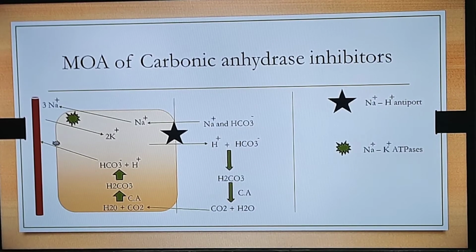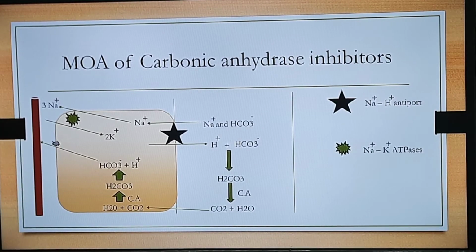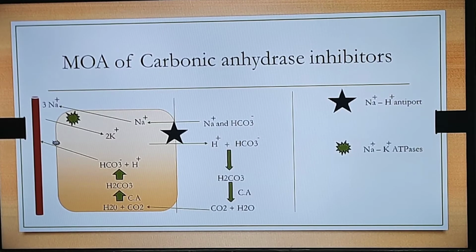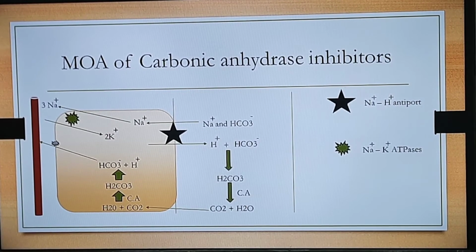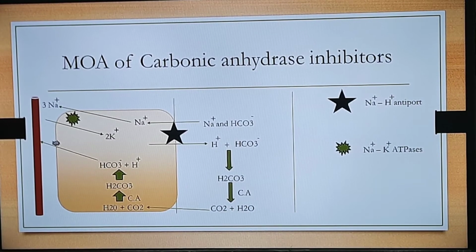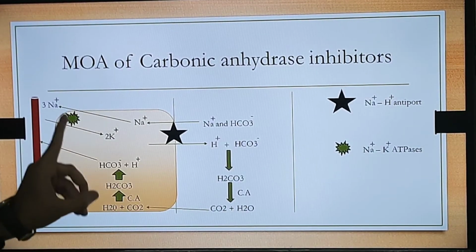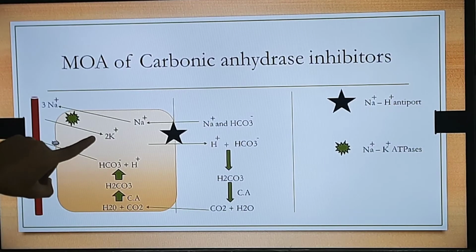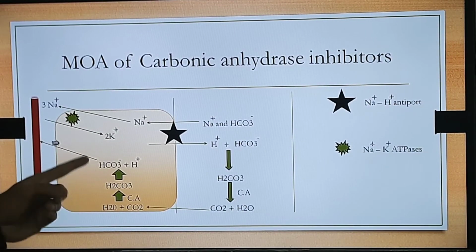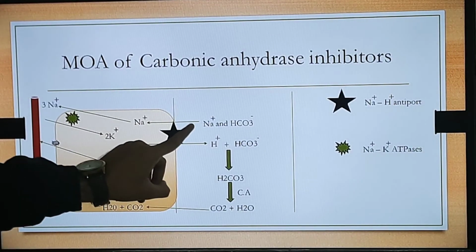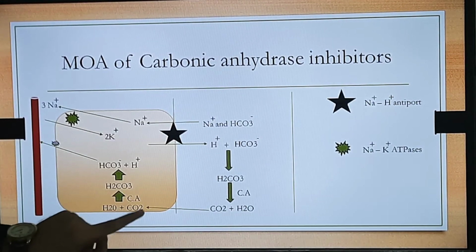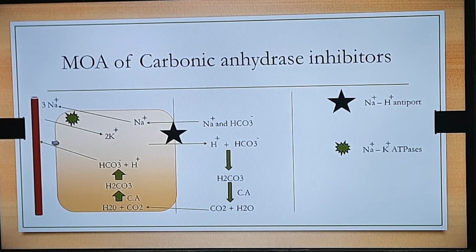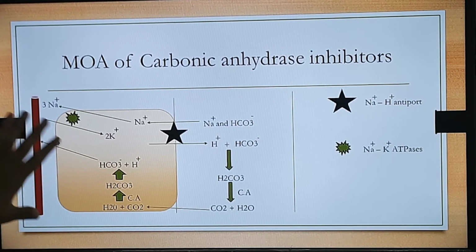Now the question is why in this cell we need to keep the sodium concentration low? हमें ये पता है कि our molecules love to move from the higher concentration gradient to the lower concentration gradient. So अगर हमने सेल में सोडियम का concentration ज्यादा रखा, whatever sodium is coming into our lumen, that sodium will not move as the concentration in the cell is high.